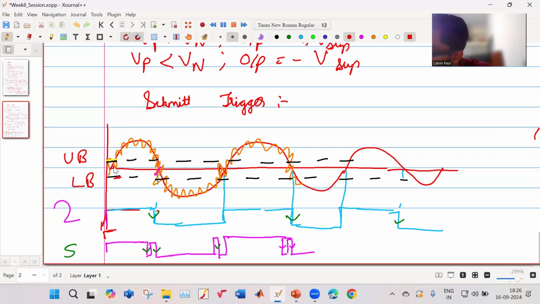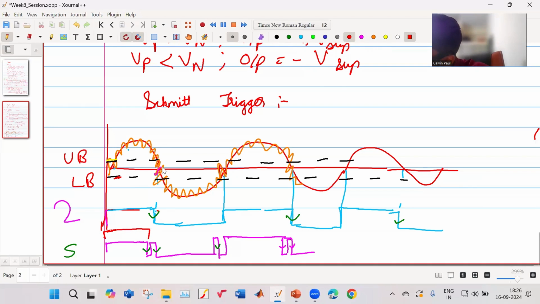So over here also, it will not create an issue. Even if it goes below 0, it will still be high. Your signal will continue, going on and on. Only when it goes below the lower band will your signal go negative.